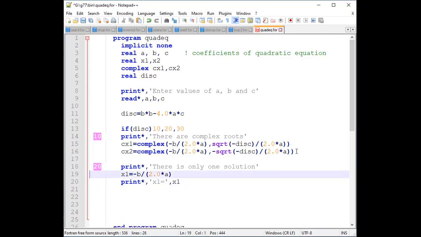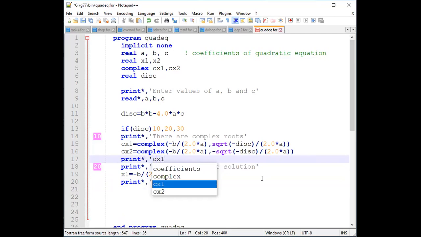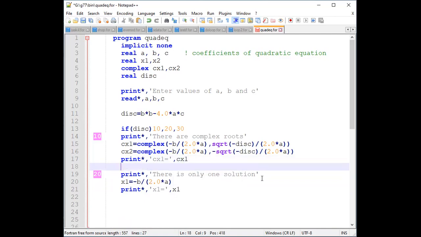Well, we haven't written the solution above, so let's write it here. Right, print asterisk cx1 equal to cx1, right? cx2.